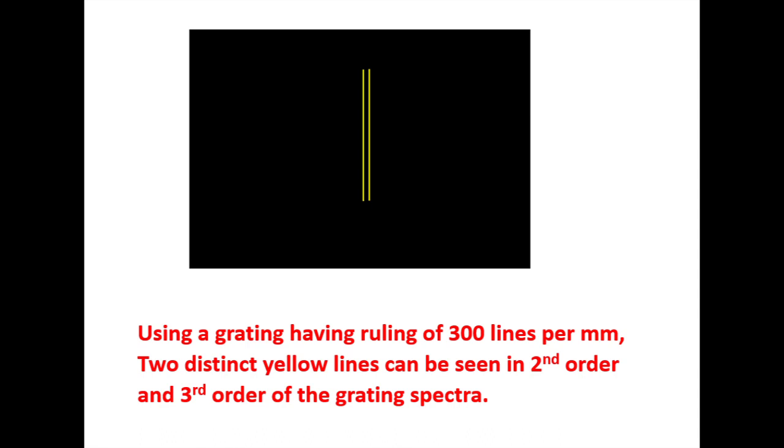If we increase the rulings of the grating, say around 600 lines per millimeter, then the gap between the two lines will be larger than with 300 lines per millimeter, and the angular separation between the two lines can be measured using the corresponding experimental setup as well as theory.